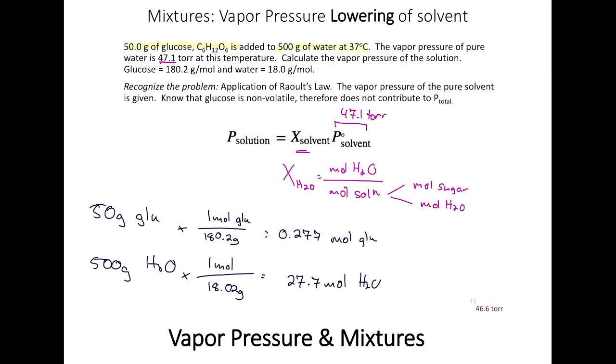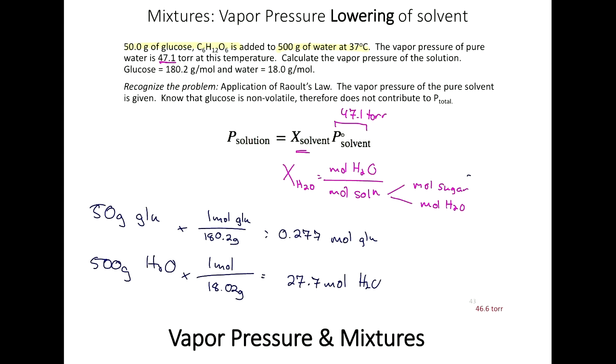So let's put together the mole fraction calculation here. So what number is going to go in the numerator? Which number? 27.7, all right. Then what goes in the denominator? 27.7 plus the other mole amount, yes. Nope.